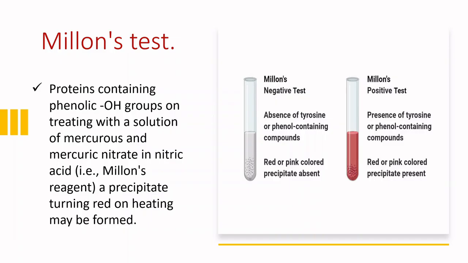We react these proteins with Millon's reagent, which is mercurous and mercuric nitrate in nitric acid. Then we will get a precipitate which turns red on heating. So that is Millon's test. An example of a protein with phenol group is tyrosine.